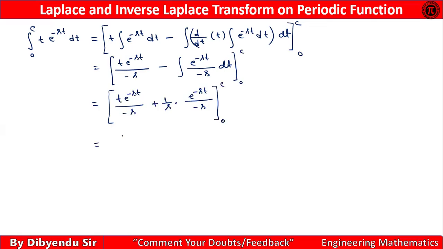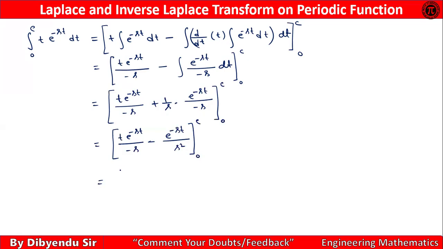So you are getting t e to the power minus st divided by minus s plus minus e to the power minus st divided by s square. Okay, now put upper limit minus lower limit.